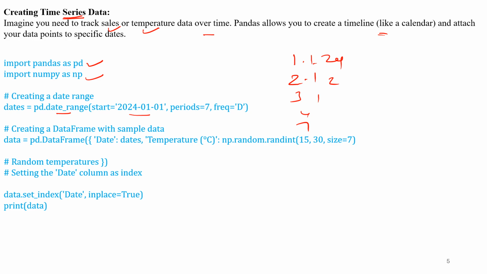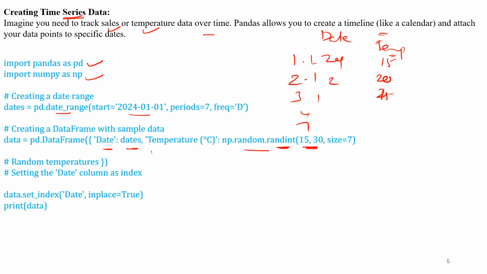So using this date range, we can create the data. This column is named Date; the column name is Date, and the dates are given. The next thing is we are going to fill the temperature column, and for that we use np.random to randomly select numbers between 15 and 30, so it could be 15 or 20 or 25, likewise 15 to 30.